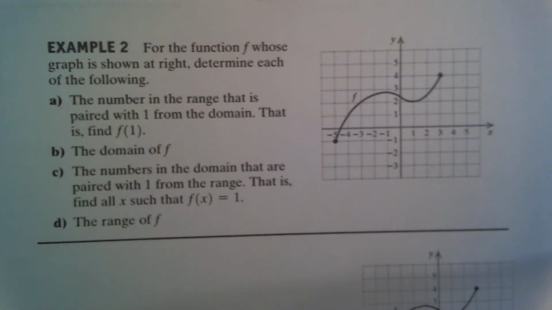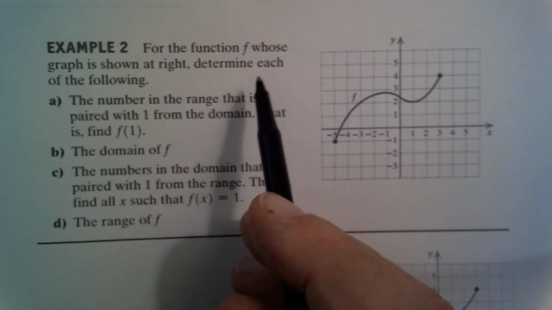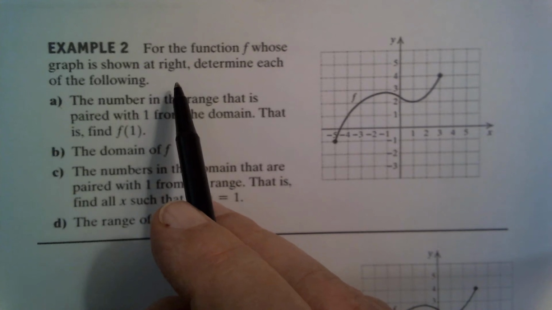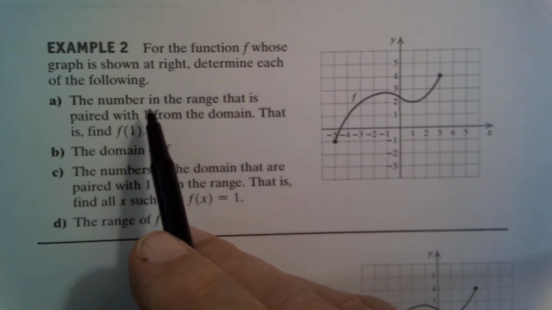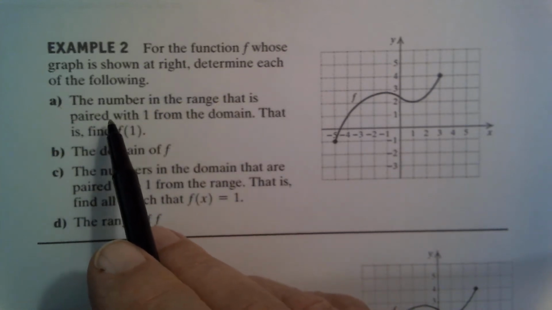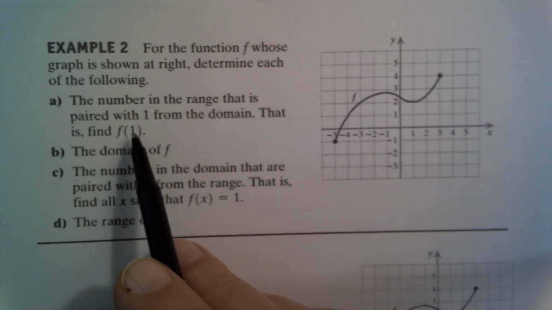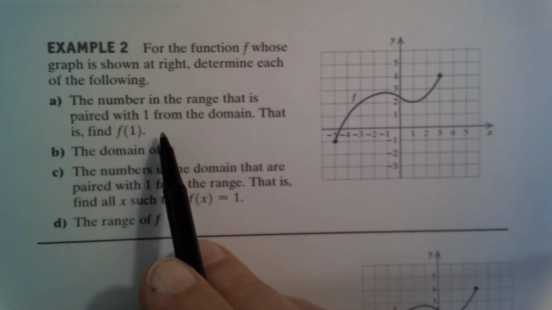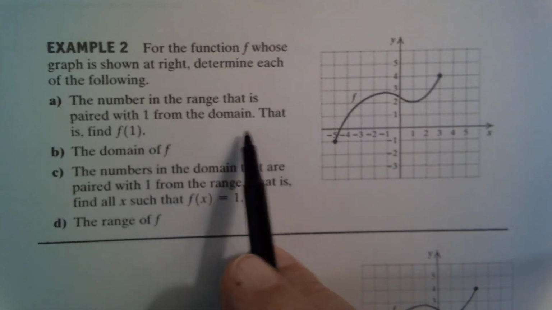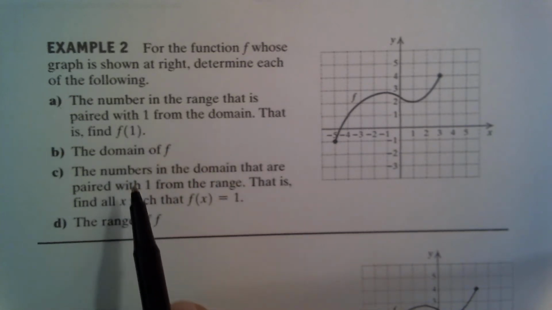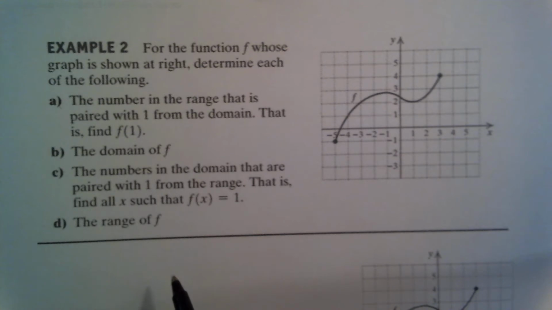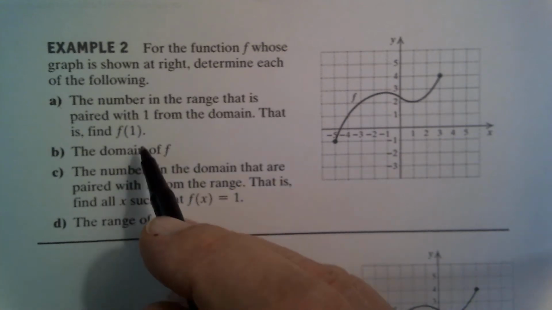Let's apply what we've learned to example number 2. For the function f, whose graph is shown at the right, determine each of the following. Part A: the number in the range that is paired with 1 from the domain. That is, find f of 1. Again, f of 1 means when x equals 1.